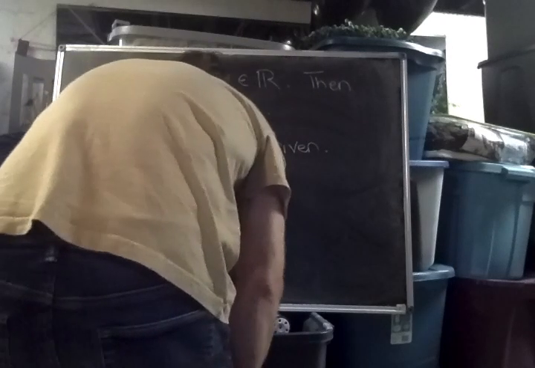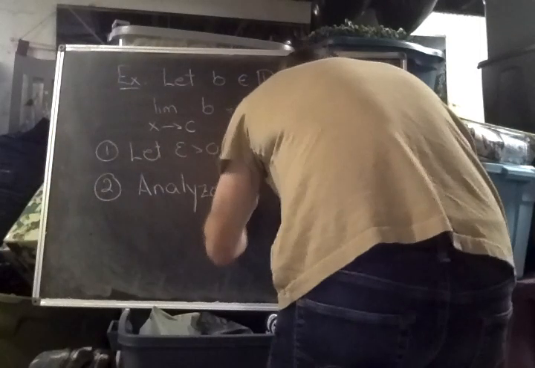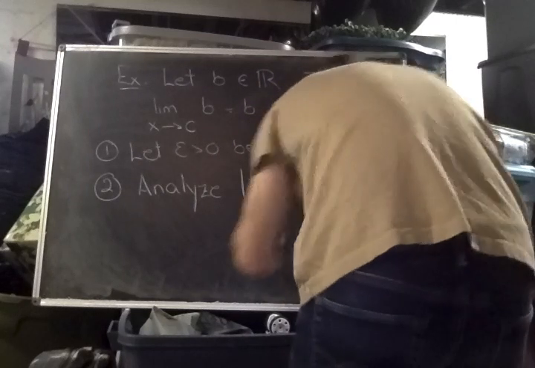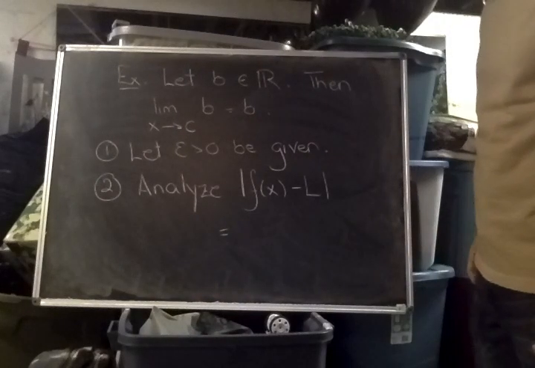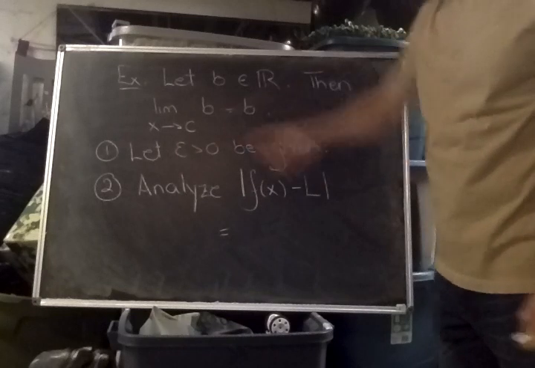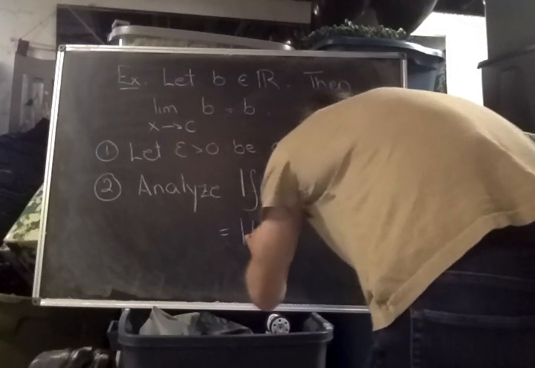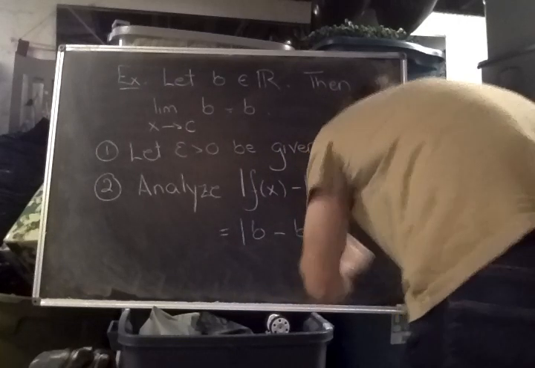Part 2 is to analyze the quantity f of x minus L, right? Which in our case, what is f of x? Well, f of x is just the constant function b, and L is also b.